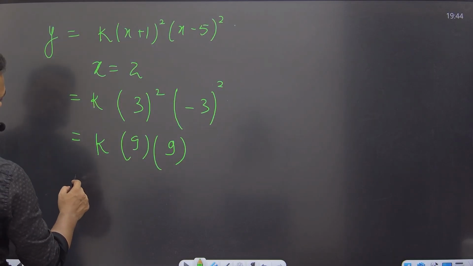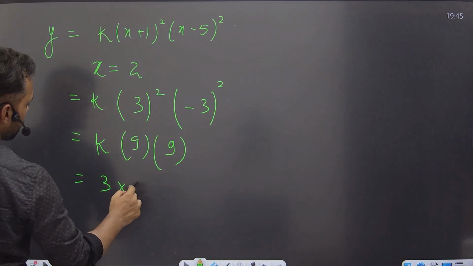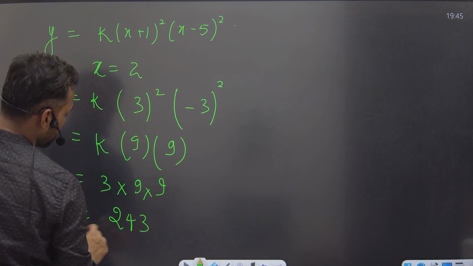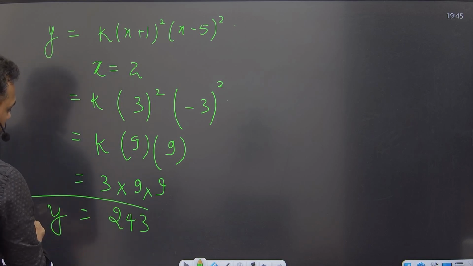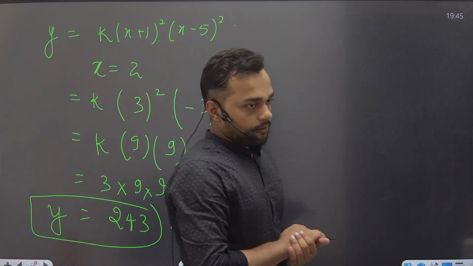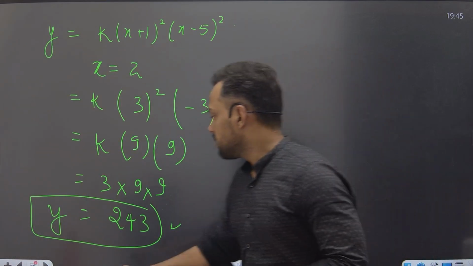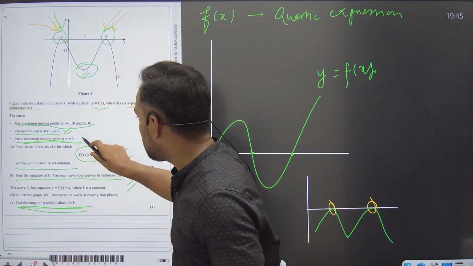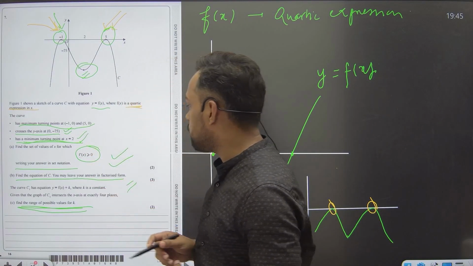So it will be 3 times 9 times 9, and you will get 243. This is the y coordinate, student, which we are getting at the minimum turning point at x equals 2.